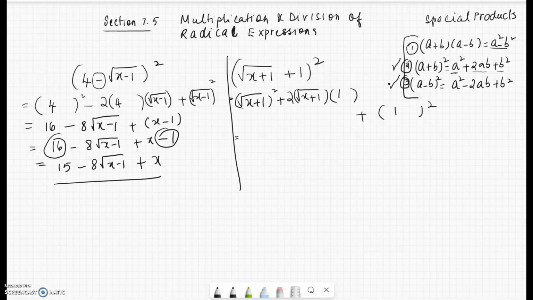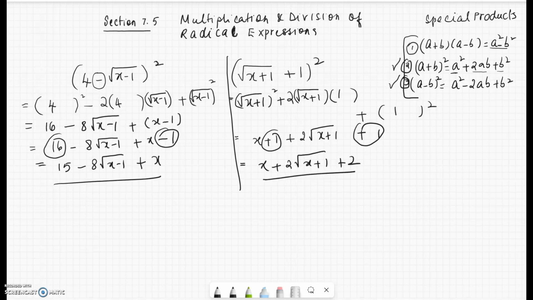So this is equal to radical x plus 1 the whole squared is x plus 1, plus 2 radical x plus 1, plus 1 squared, which is 1. 1 plus 1 is 2. So you have x plus 2 radical x plus 1 plus 2. In any order, the sum gives you the final answer.